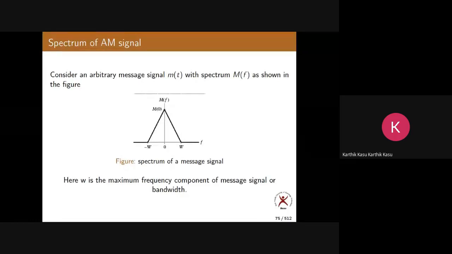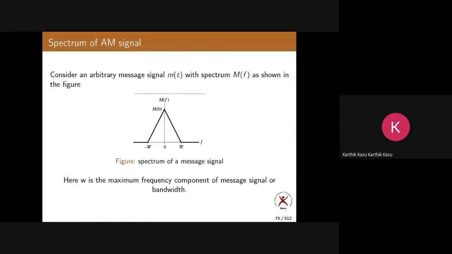Before that, what do you mean by negative frequency? Suppose I say minus 10 kilohertz, does it make sense? It doesn't have any sense. If I say minus 10 seconds, let us go to time. There can be some meaning, because minus 10 seconds means you are delayed by 10 seconds.